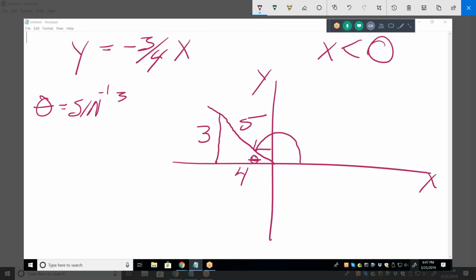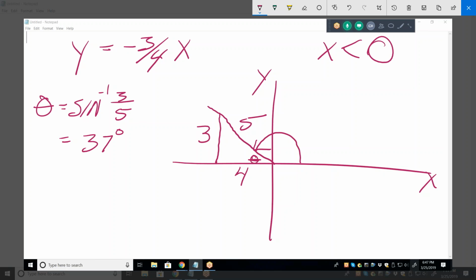You're taking inverse trig functions of the ratio, and that's going to give you the angle. If you do that in your calculator, you get approximately 37 degrees.